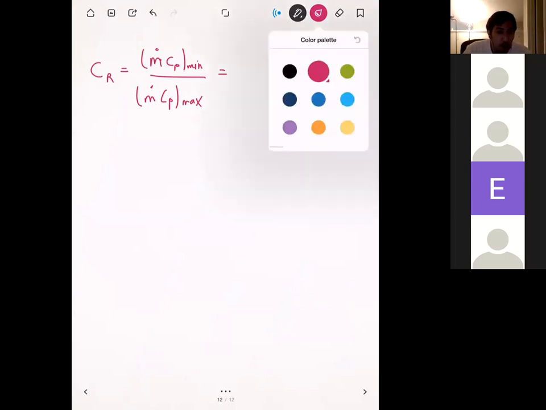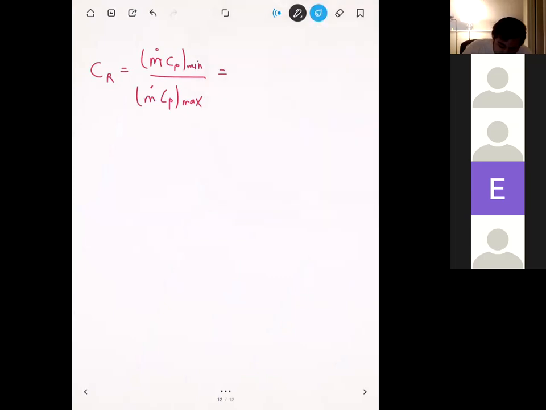All right. So let's go ahead and do that on the next page. Okay. And so CR is going to be m dot CP min divided by m dot CP max. Where, assuming that the CP is the same for both fluids, we know that this is going to be a ratio of the m dot CP of the inner fluid and the m dot CP of the outer one.